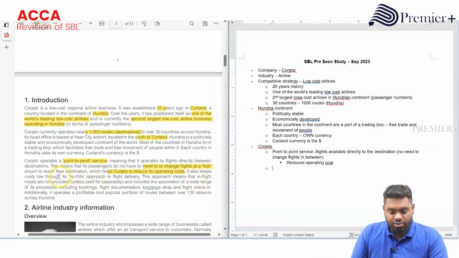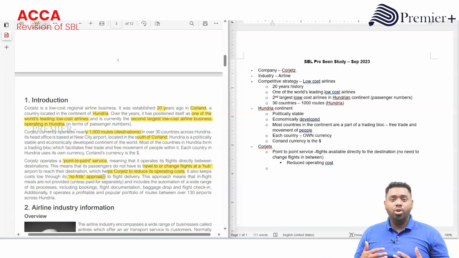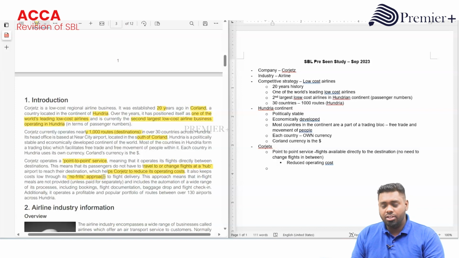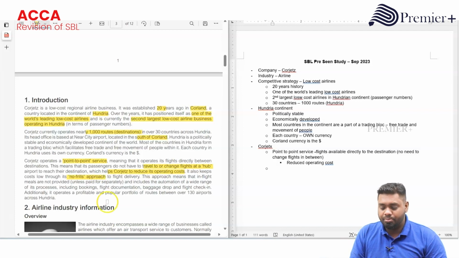It also keeps costs low through its no-frills approach. Obviously, since the strategy of Courjets is for a low-cost airline, a budget airline, they would go for a no-frills strategy, or else they cannot afford charging a low price. As you would have learned in the Bowman strategy clock, there are eight competitive strategies, of which five are successful strategies, right?